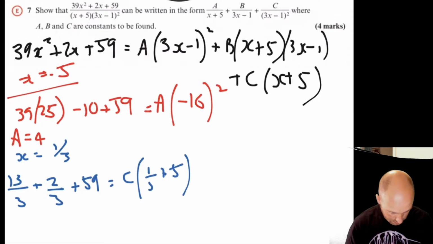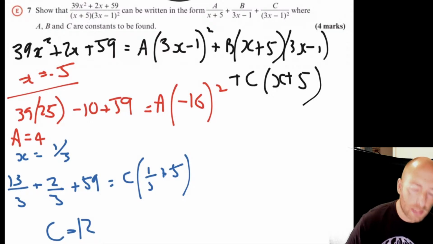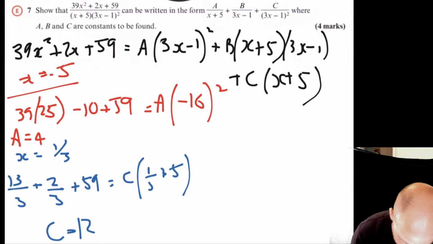I'm working out what C is. C equals 12. Okay, now with the two of those, put in x equals 0, then we should be able to find what's going on.